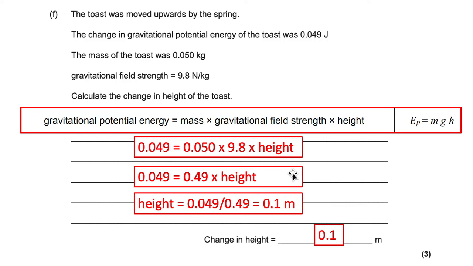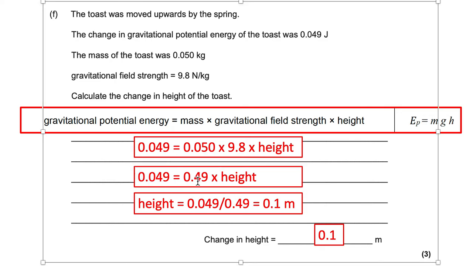So always do that before you rearrange. Okay. Now when you're rearranging, things move. The thing that is on its own on the left-hand side, so this 0.049, that is on its own and it stays on the top of the division.